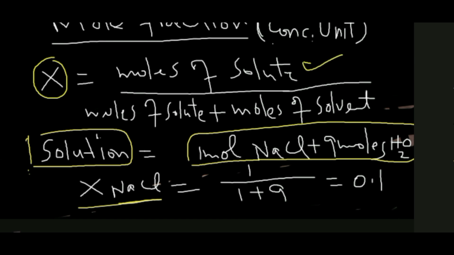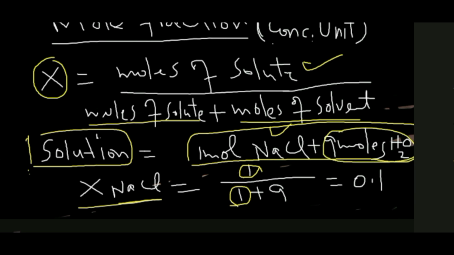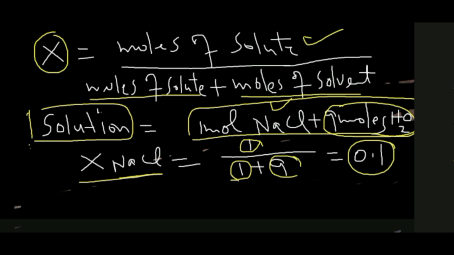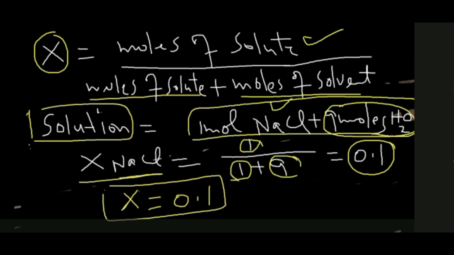Moles of solute is 1 mole, divided by moles of solute plus moles of solvent, so 1 plus 9 moles of water. From this we get a mole fraction of 0.1. So this solution has a mole fraction equal to 0.1. In this way you can determine the mole fraction of a solution.